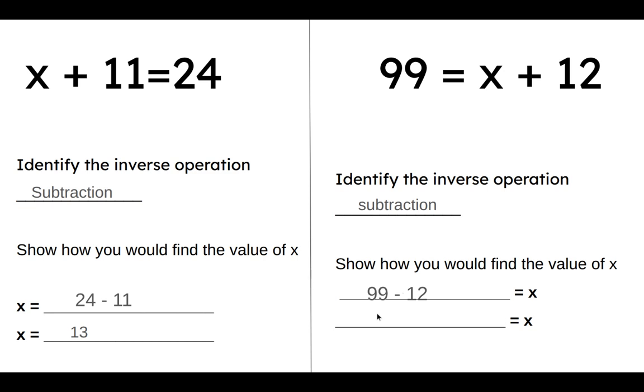My conclusion is 87 equals x. Okay, now I can say the end. If I use my substitution skills and put 87 in for x, it would say 99 equals 87 plus 12. Is that a true statement? Yes. If it was not true, then you know that you did something wrong in your subtraction.